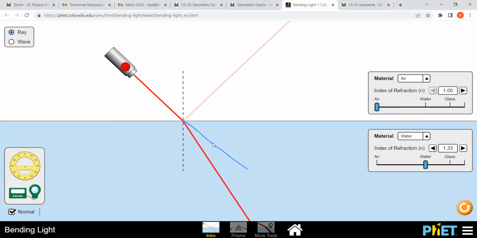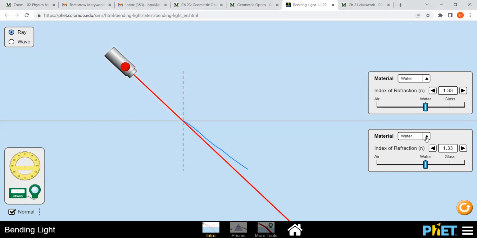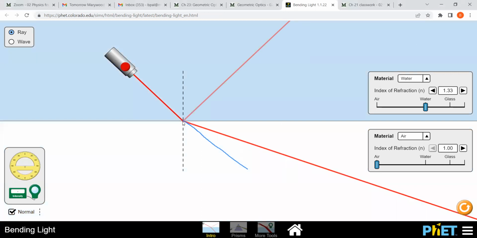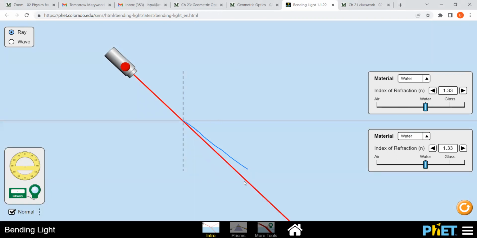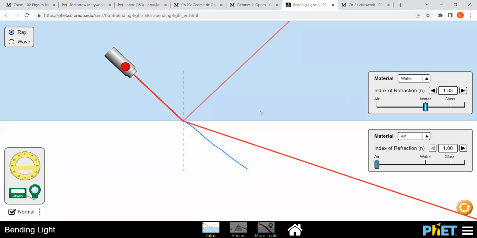Now if the opposite happens, if light goes from water to air, you see that light bends away from the normal. If both were water, this would be the line. If light goes from water to air, that means high index of refraction to low index of refraction, then it bends away from the normal line.